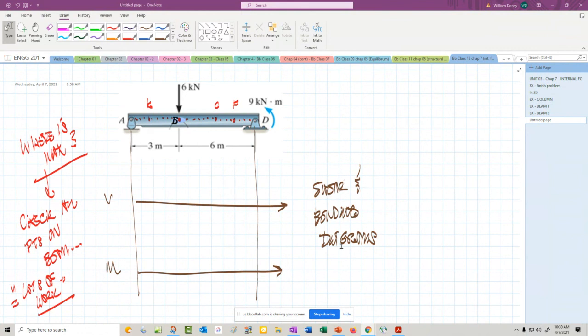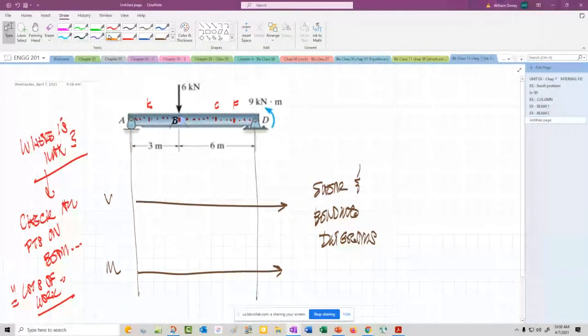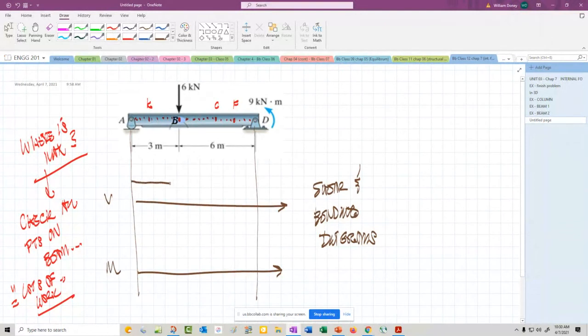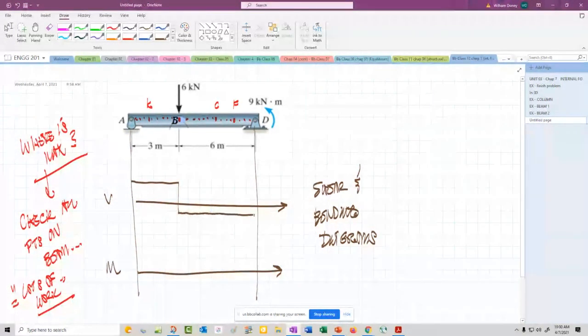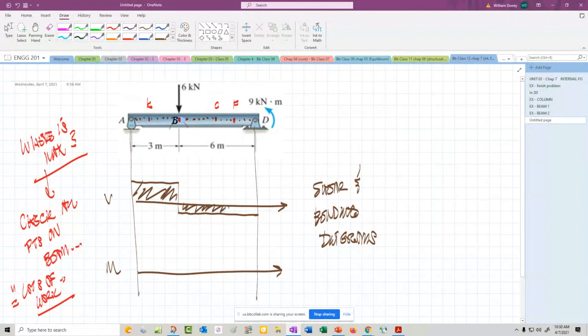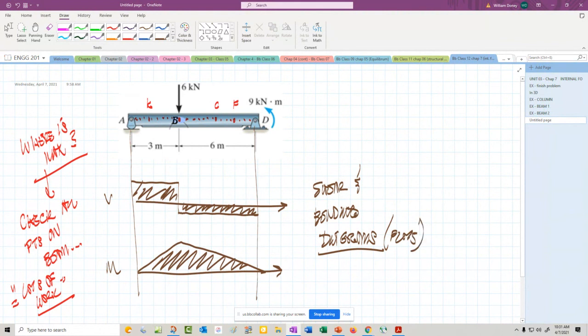But if we can come up with shear and bending moment diagrams, meaning we can find out what's happening across here, and I'm just drawing these representative, not the exact ones, and we can come up with these diagrams or plots, we can visually see immediately where the maximum occurs. And here it just happens to be at B.